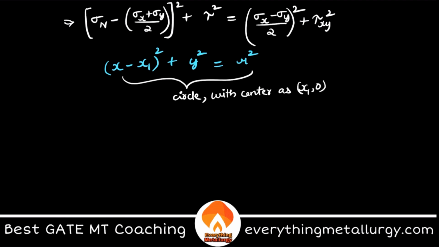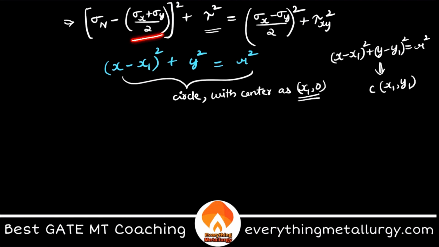Basically we write y minus y1, but because we don't have any y1 term, I directly wrote it like this. Typically the form is x minus x1 square plus y minus y1 square is equal to r square, which has a center of x1 comma y1. Here y1 is 0, so I wrote x1 comma 0. And what is x1 here? This guy. This is my center.